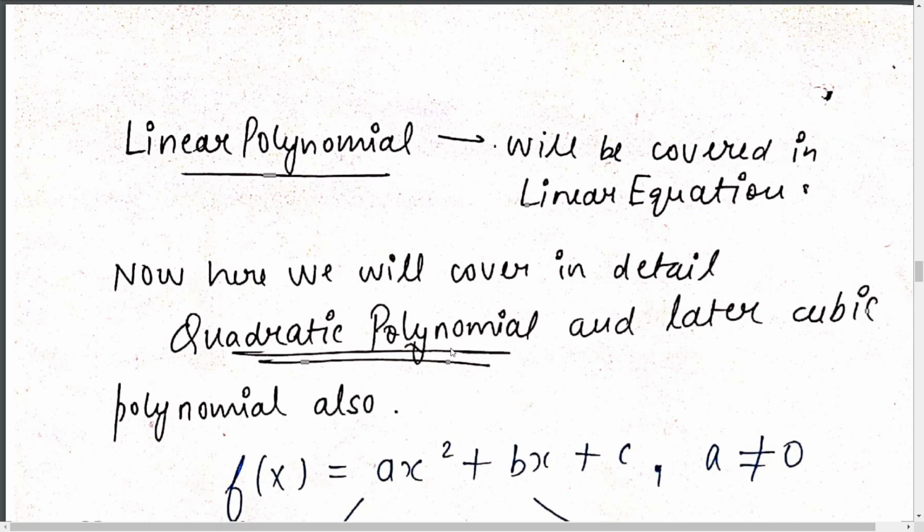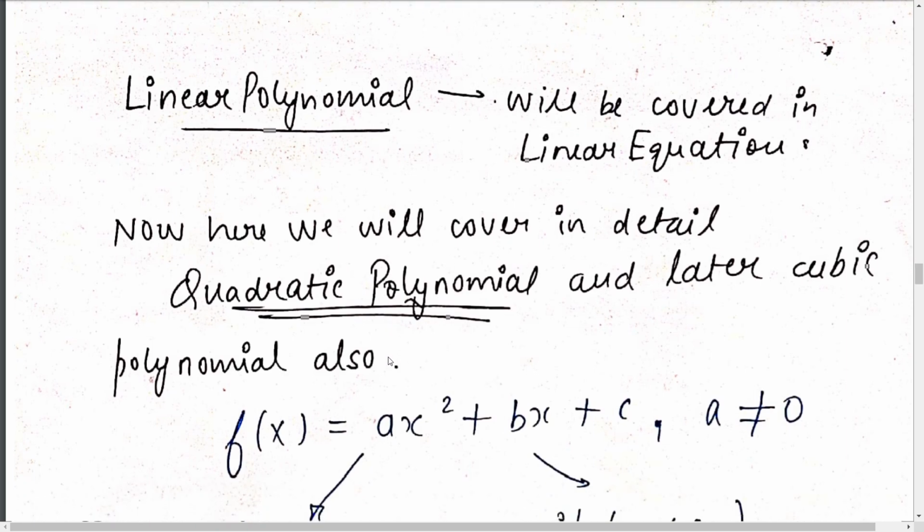An advantage for you is that when I cover the quadratic polynomial, your quadratic equations will also be completed here only. Just one or two topics will be left. You must be knowing the quadratic formula, that is one part of quadratic equations. There they give its derivation, so most of the part comes from here only.